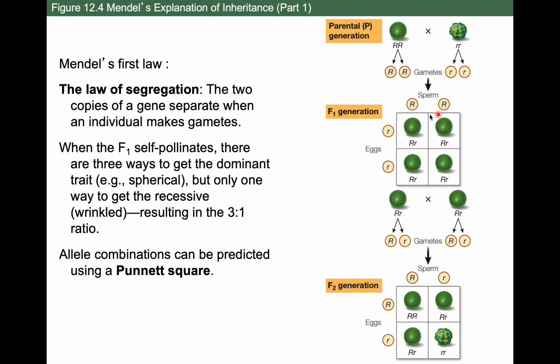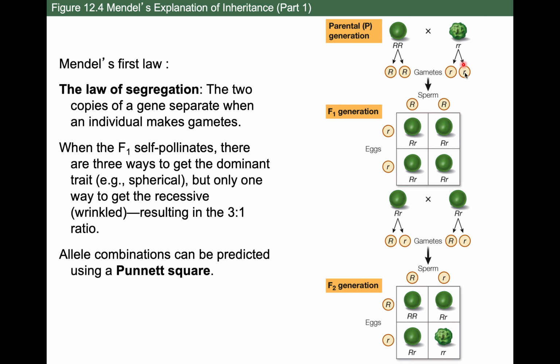And so to set up a monohybrid Punnett square like you see here, you're basically just taking what the gametes from one parent would be, putting those on one side of the square, and what the gametes from the other parent would be, putting those on the other side of the square. And so we don't really need a Punnett square for the F1 generation because the parents were so inbred, right? We basically just know, yep, from this parent, we're only going to get gametes that have a big R.